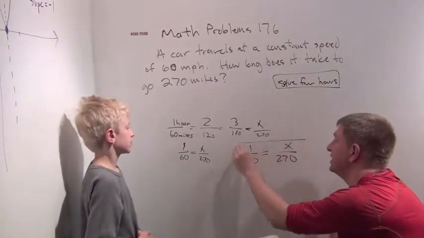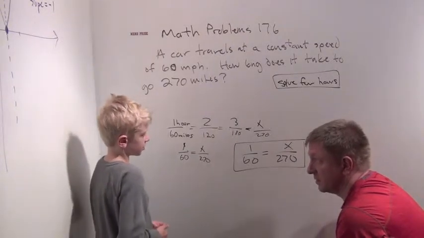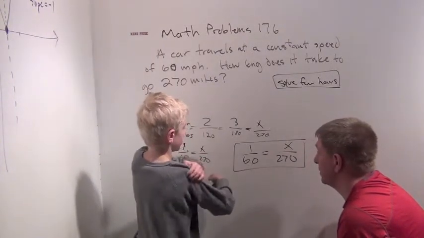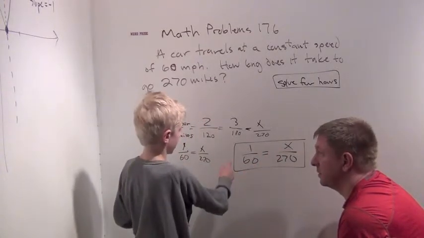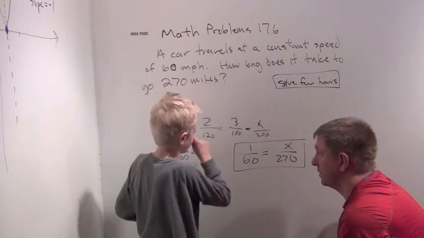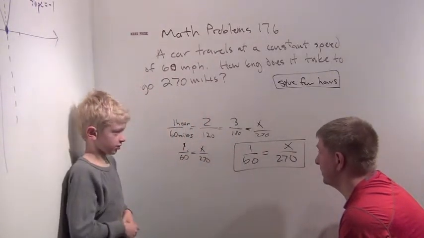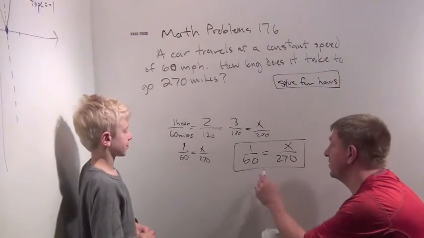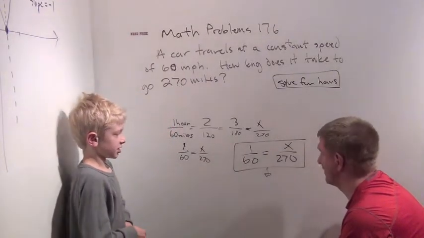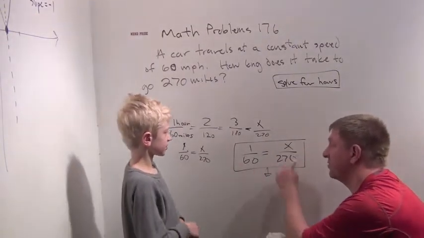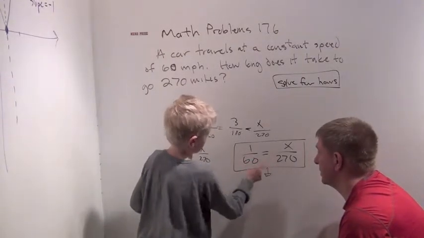How would I solve this ratio problem? I'm trying to solve for x. You have to multiply the quotient over the quotient to get x over 270. So what's the next step here? You have to divide 270 by 60. What do I want to do to solve this ratio here? You need to turn this into that.